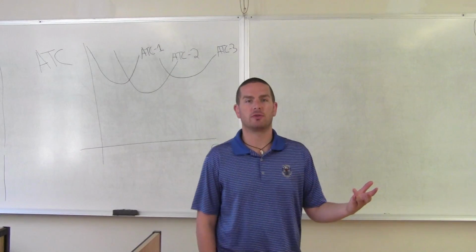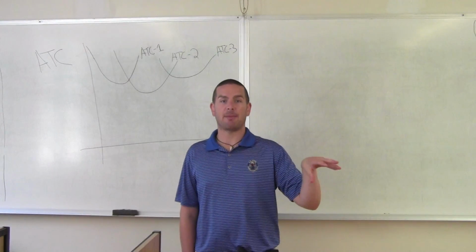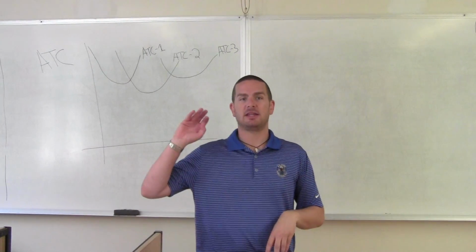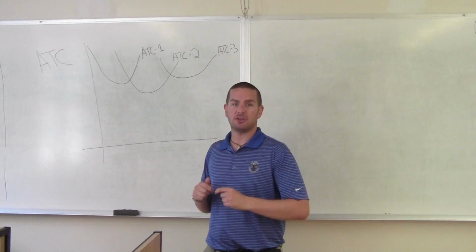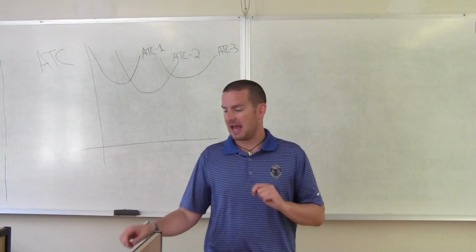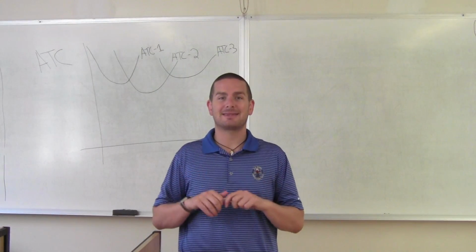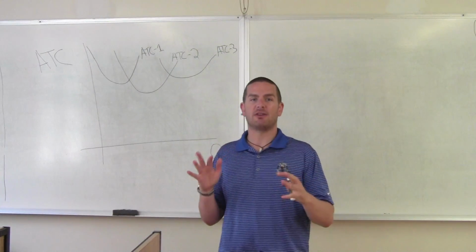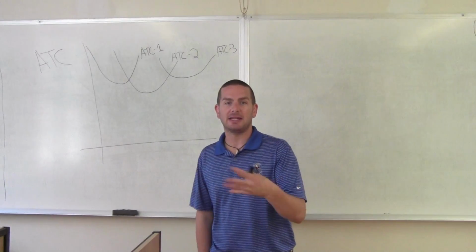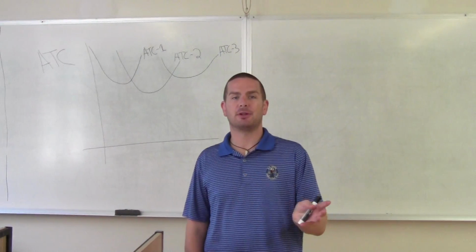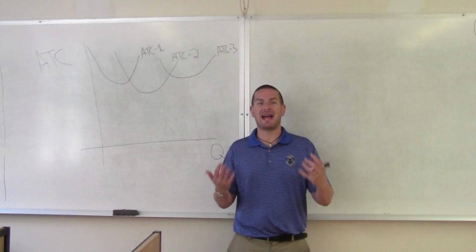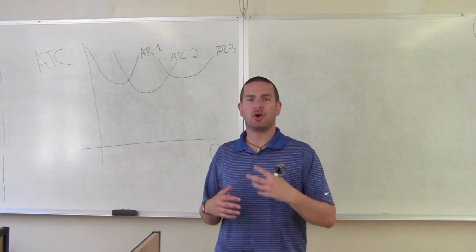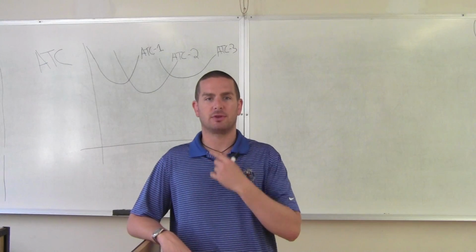So in the short run, labor can change, but capital cannot, whereas in the long run, both capital and labor can change. As a result, since the firm is able to change the amount of capital it has, we can draw a whole set of average total cost diagrams.